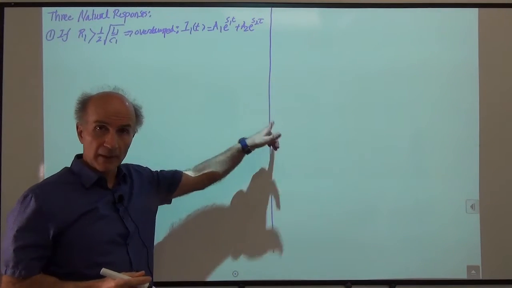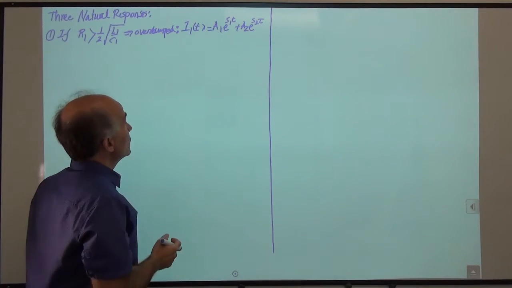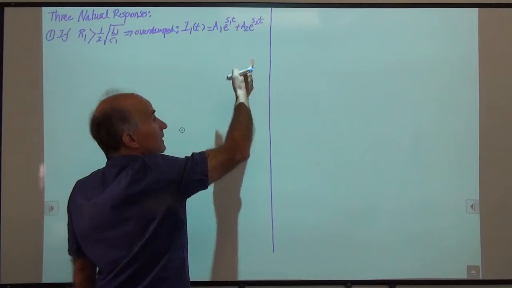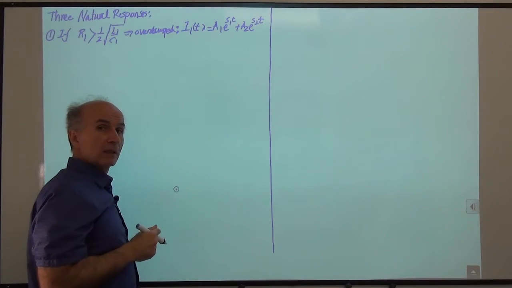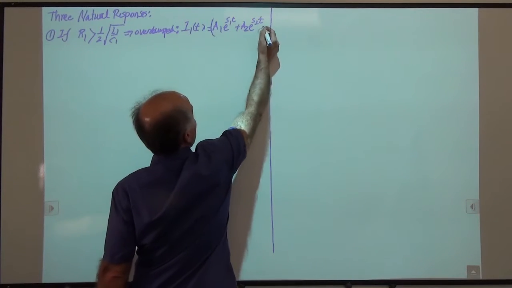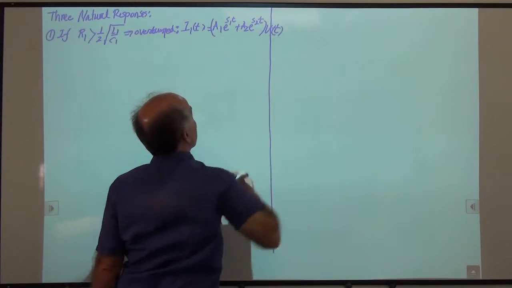S1 and S2 are found as I showed you before on the previous page. We have to find A1 and A2. But before we do that, does this take u of t? Yes, because it's 0 before time 0, so let's multiply that by u of t.